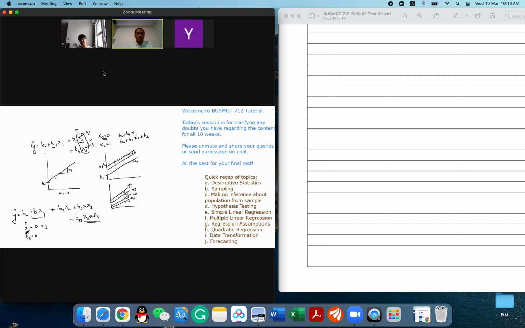So x3 is 0, which means it's a female, and training is 0, which means it's untrained. When I do this, this becomes 0, this becomes 0, and this automatically becomes 0. So I get b0 plus b1 x1.